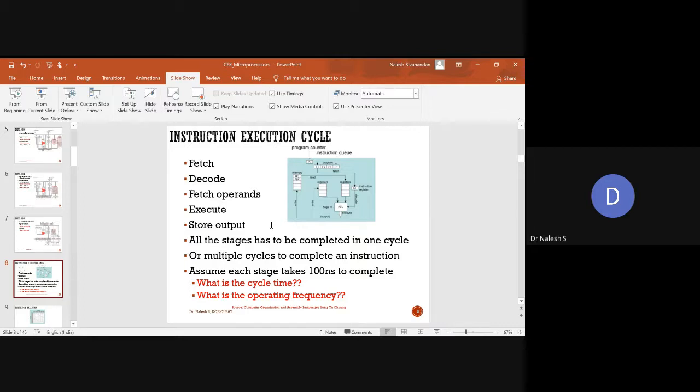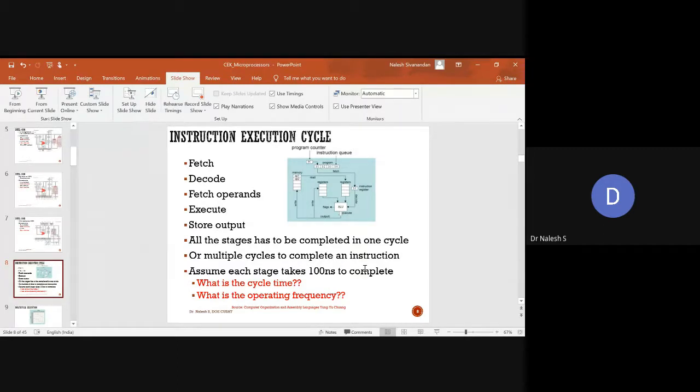If you want one cycle per instruction, you need each cycle to be 500 nanoseconds, which means your frequency has to be the inverse of 500 nanoseconds.